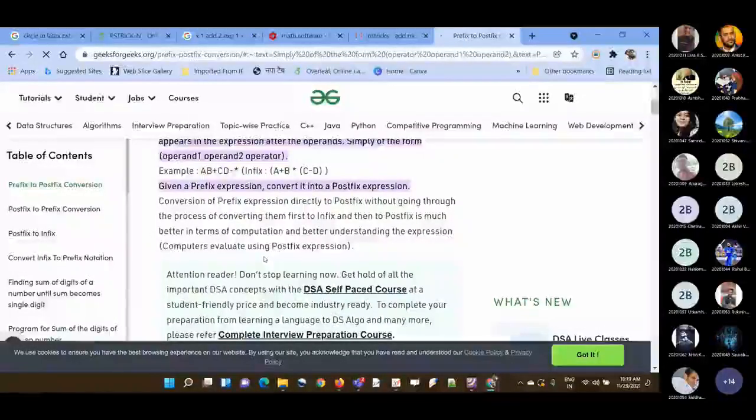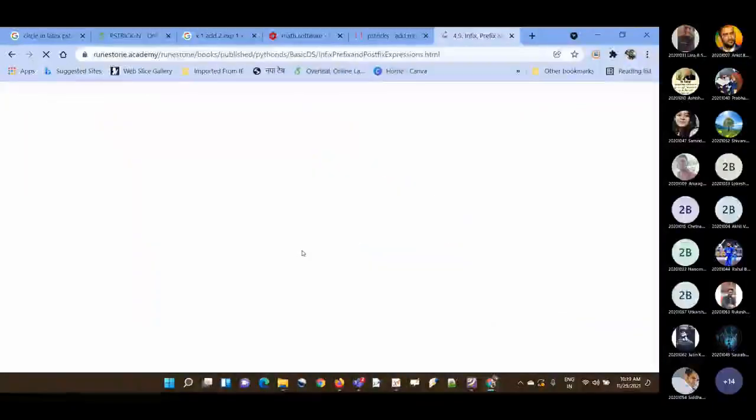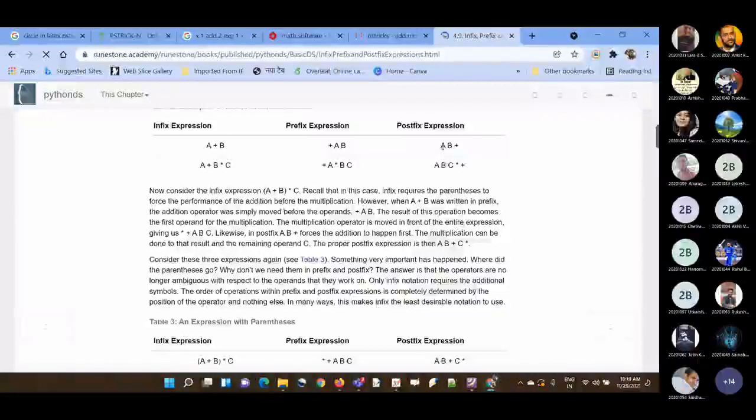Yeah, infix, prefix, they have explained very nicely. There you will see that postfix is there. We usually use infix expressions. This is a prefix expression. In prefix we write the operator before the operands, before the alphabet symbols and all.